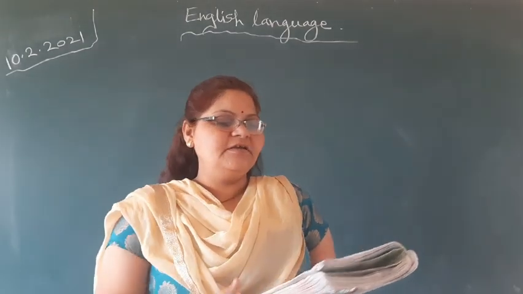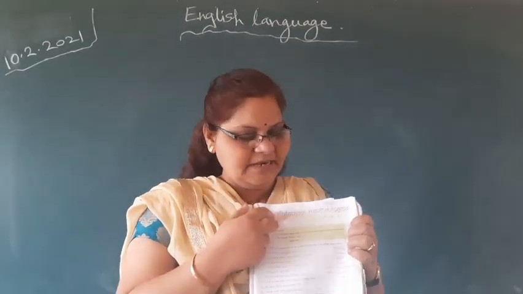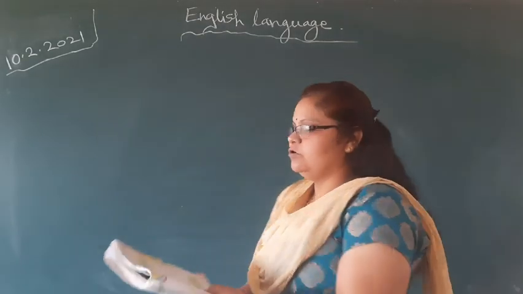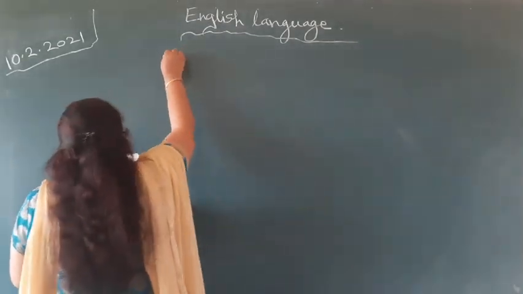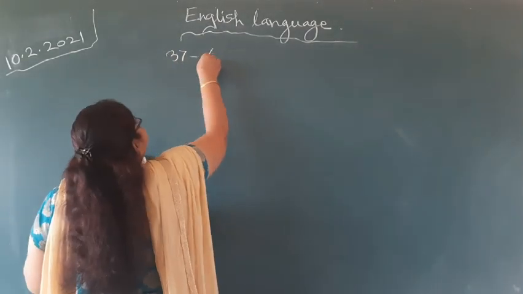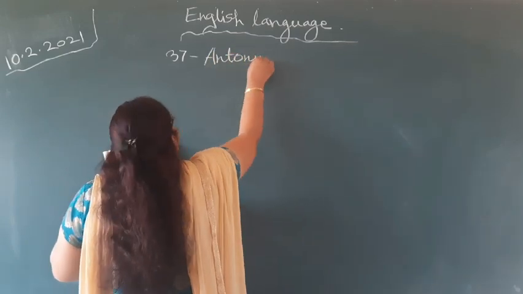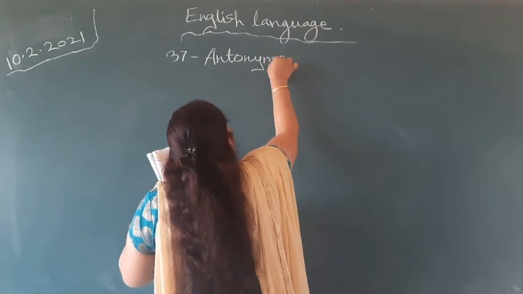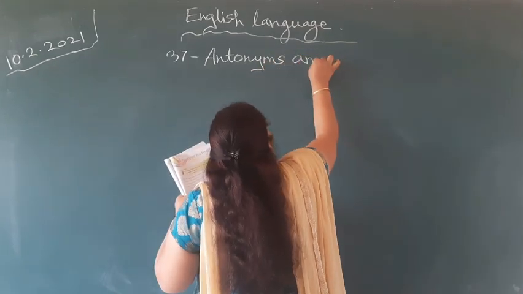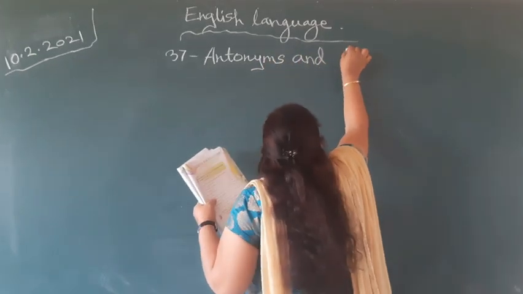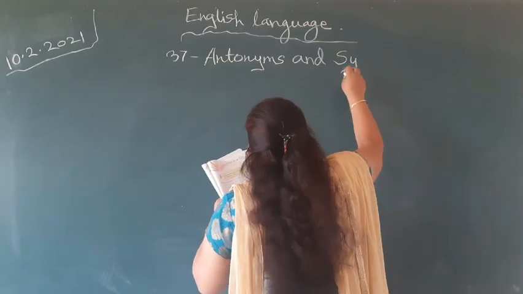See, in the last period we started with the topic that is antonyms and synonyms. Okay, so just writing the name. Antonyms are the opposite words. We have learned about them in the last period.